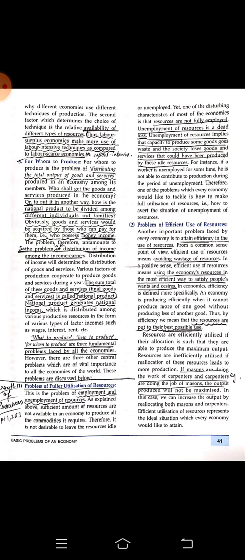Using the economy's resources is the most efficient way to satisfy people's wants and desires. The resources are put to their best possible use. For example, a mason. If a mason is doing a carpenter's work and a carpenter is trying to do a mason's work, they won't be working efficiently because they will be wasting resources, and we cannot get the maximum output from this.